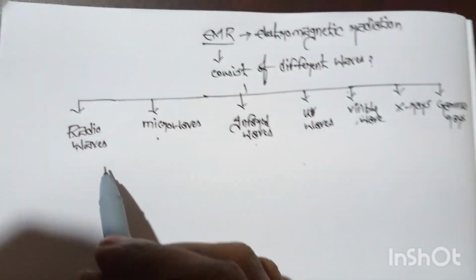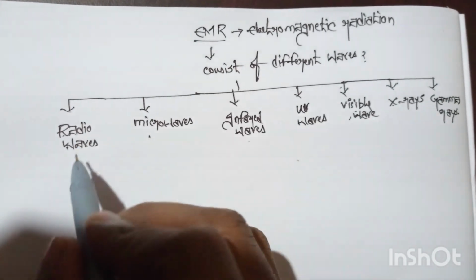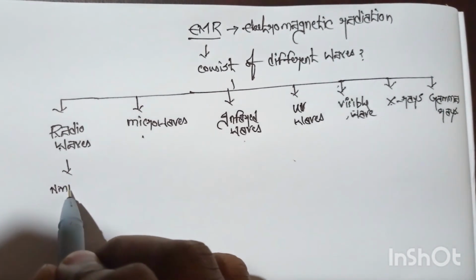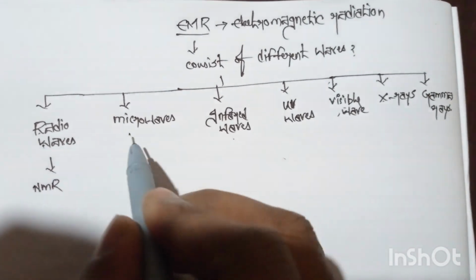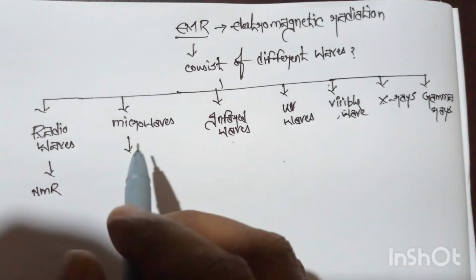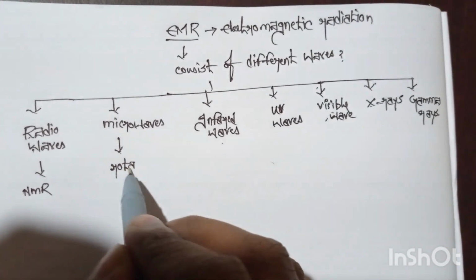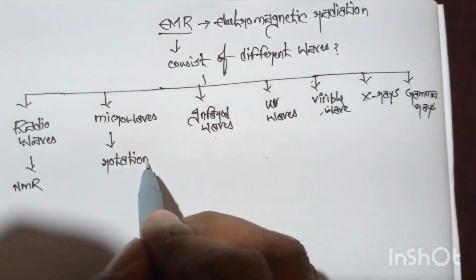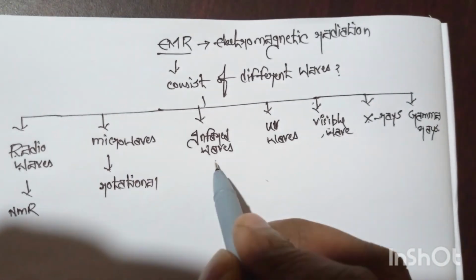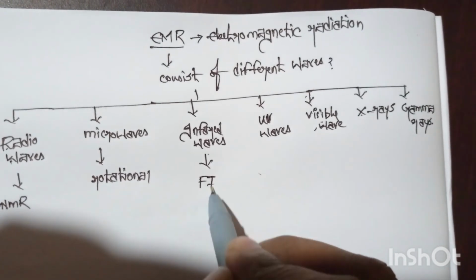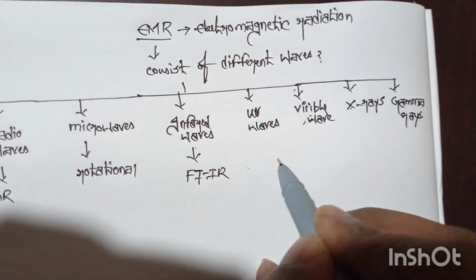So coming to applications of these waves, radio waves are used in NMR spectroscopy. Microwaves are used in rotational spectroscopy. Infrared rays are used in FTIR spectroscopy.